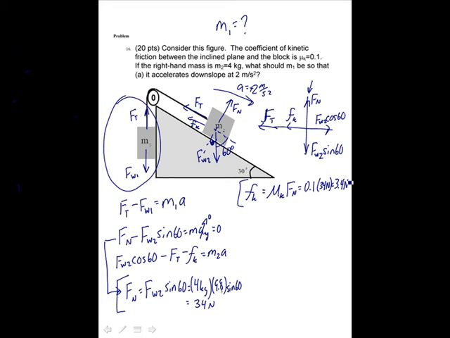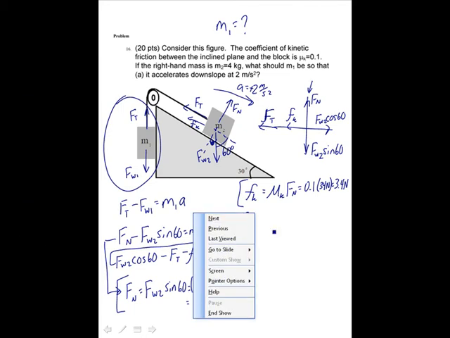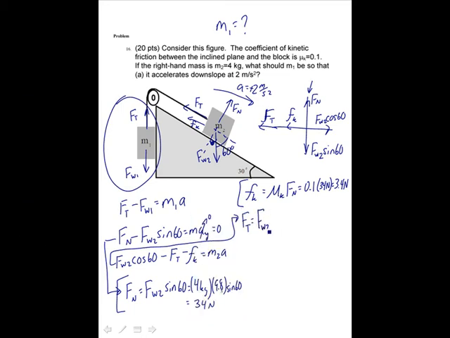Now, I can take this equation right here. I'm going to solve for Ft. Ft is equal to Fw2 cosine of 60 minus Fk.